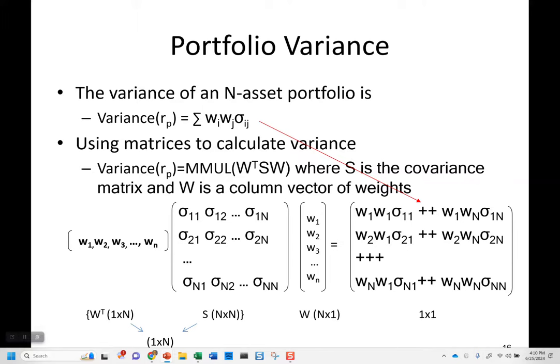Now, last step, hardest step. I need to calculate portfolio standard deviation. Now, the variance of my portfolio, my sigma squared, is going to be the sum of Wi, Wj, sigma ij. I told you that before. We now have all the covariance terms.